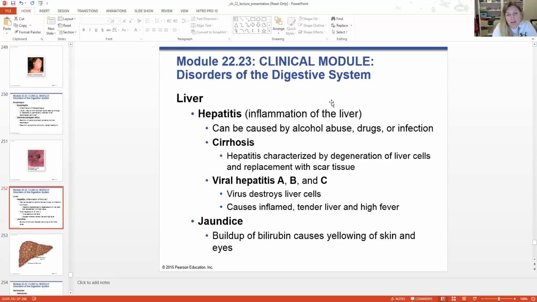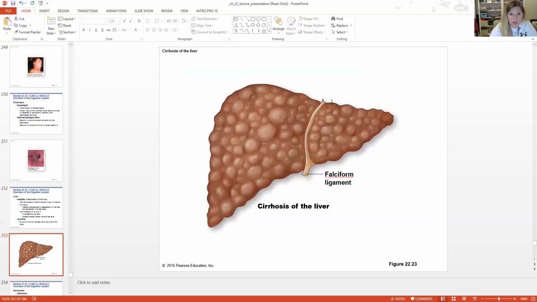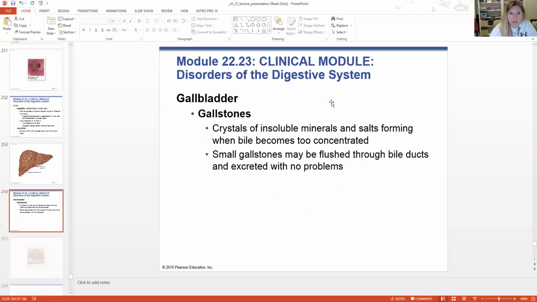It's called the enterohepatic circulation of bile, and that's what happens. So when the liver can no longer reabsorb the bile back from the blood, the bile builds up in our bloodstream and collects in our tissues, causing that yellowing that we know as jaundice. This is a cirrhotic liver, all that scar tissue building up as little nodules.